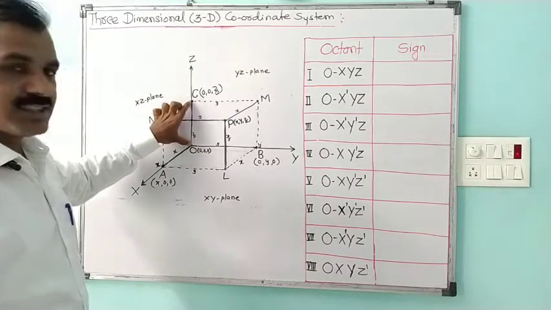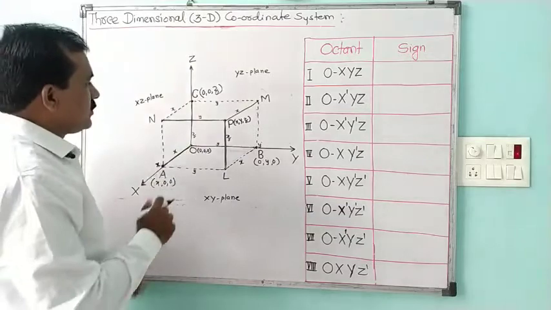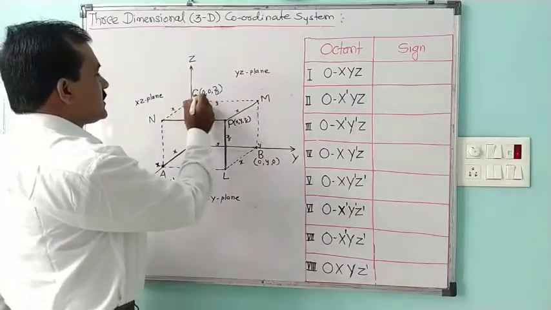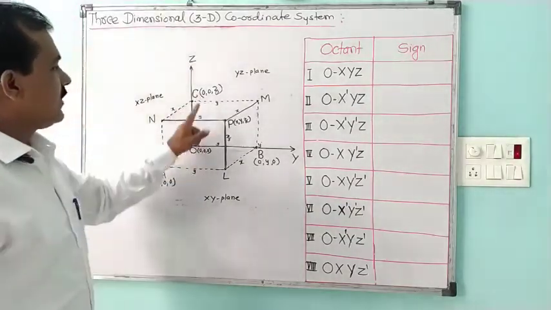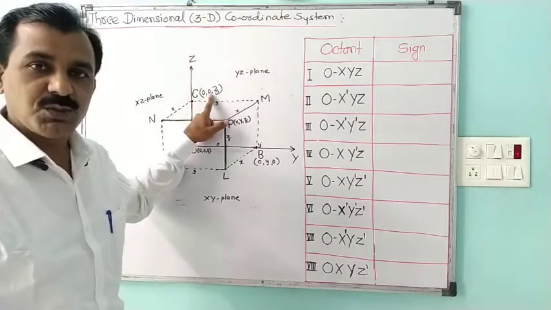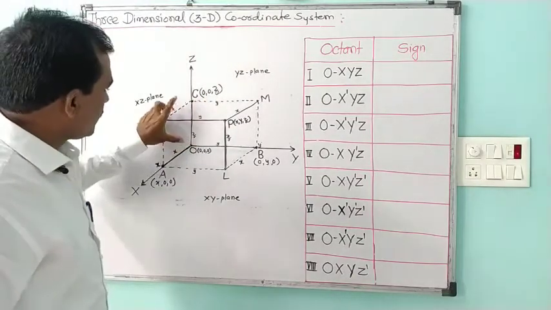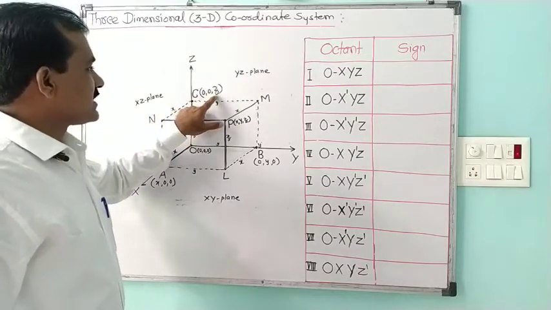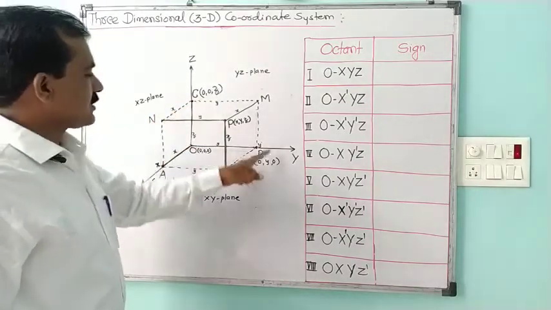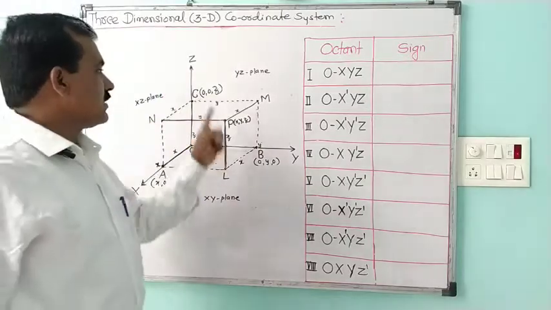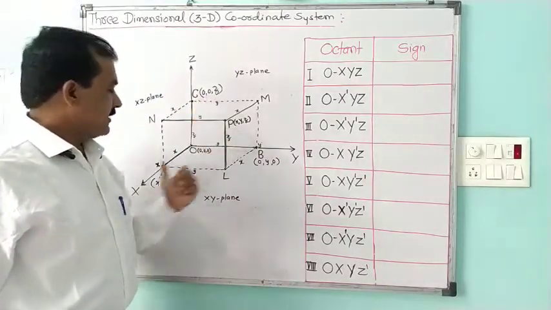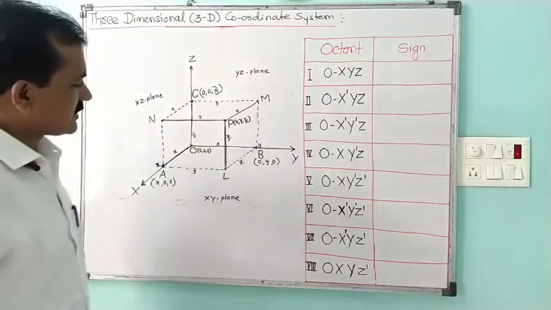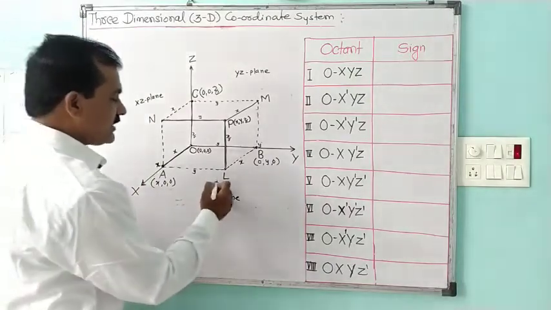So the O to C distance is z, and due to this, the point C on this z-axis will have its first and second coordinates as 0, 0, and the third coordinate will be the distance from the origin up to that C, which is z. So this is the structure of the points that lie on the axes, x-axis, y-axis and z-axis. Now we have this point L.